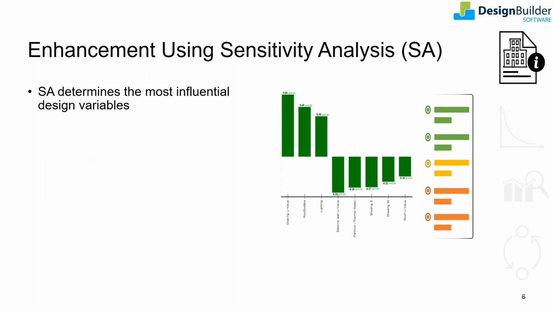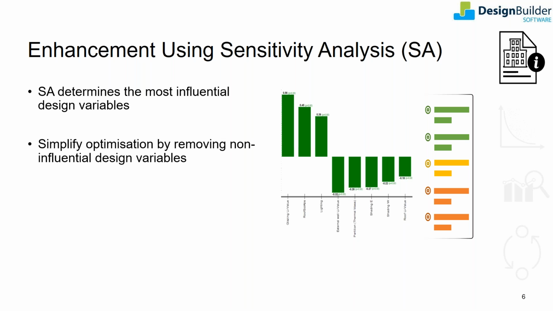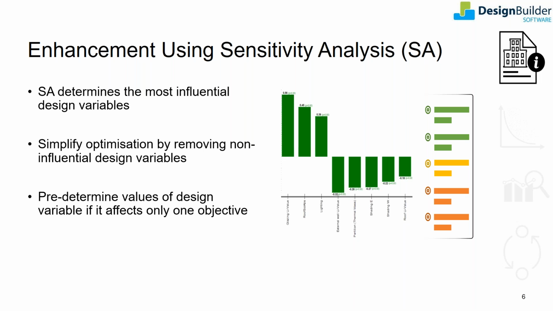Sensitivity analysis determines which are the most influential design variables and what their relationship is with the output. Based on the sensitivity analysis findings, users can remove non-influential variables from the optimization runs. If the variable is influential for only one of the objectives, its value can also be predetermined with sensitivity analysis and removed from the optimization.